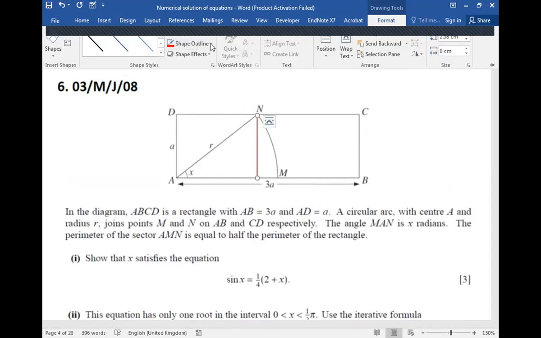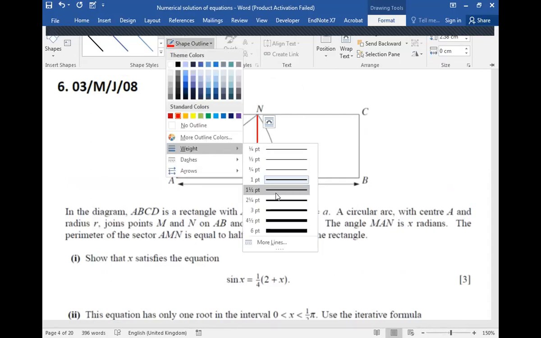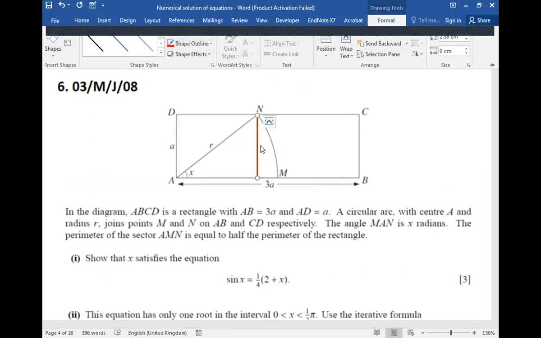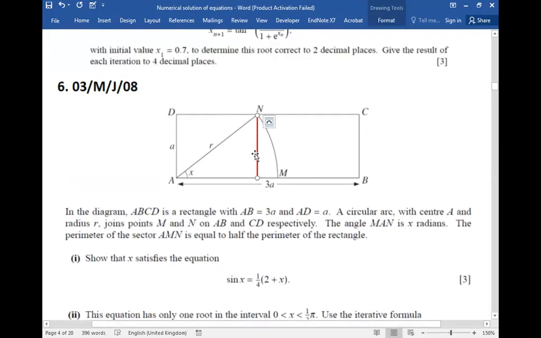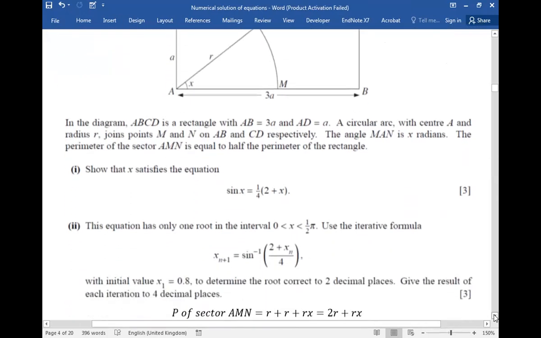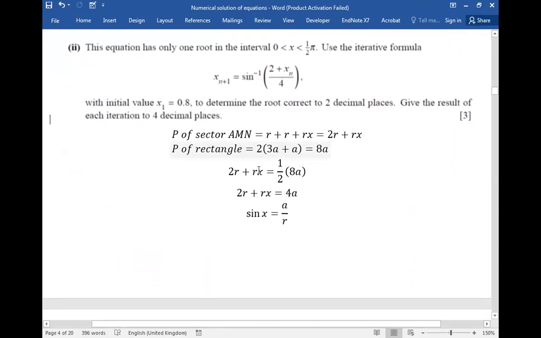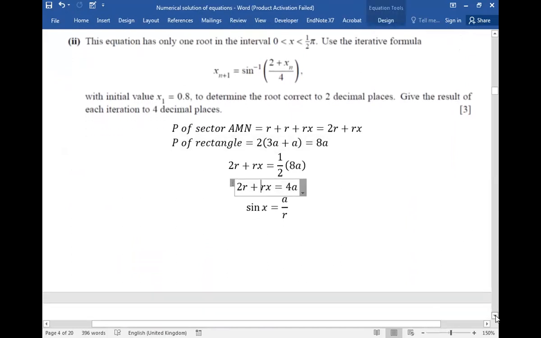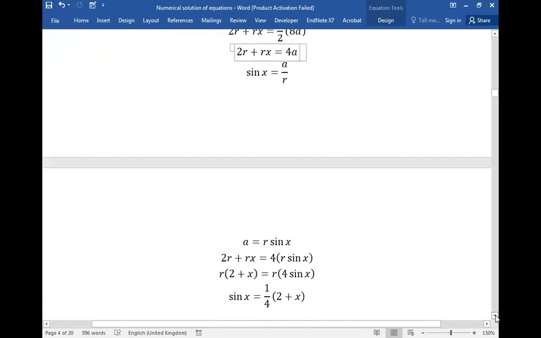Now have a look at this red line. The length of this red line is a, and this is r. So sin x is equal to a upon r, right? So we can make the ratio between a and r using sin x. And now we already have a relationship, which is 2r plus rx is equal to 4a, and sin x is equal to a upon r.